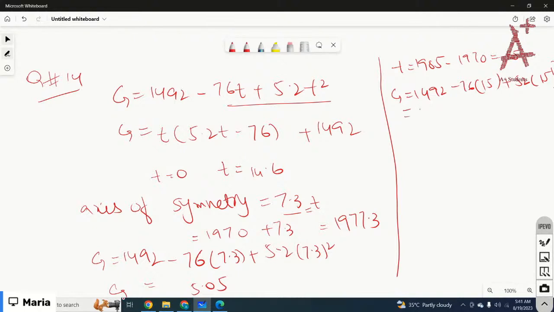When you evaluate, it would be 1522. That means in 1985 about 1522 tons of gold were mined, right?